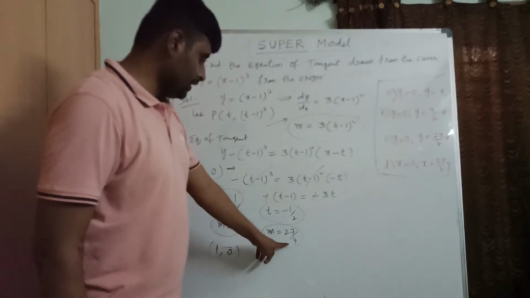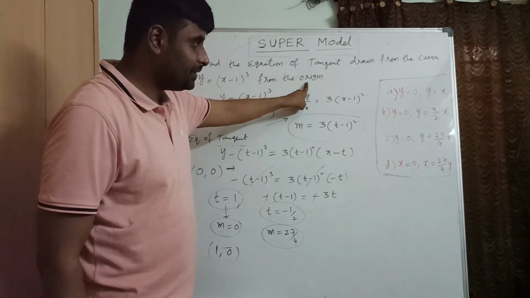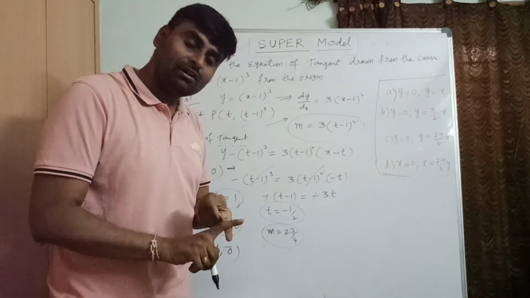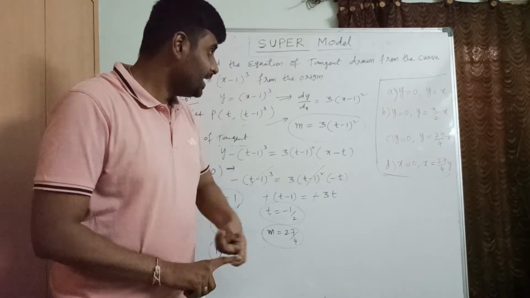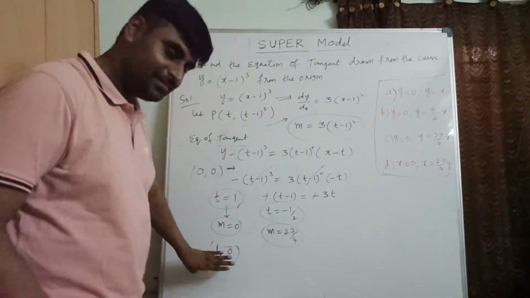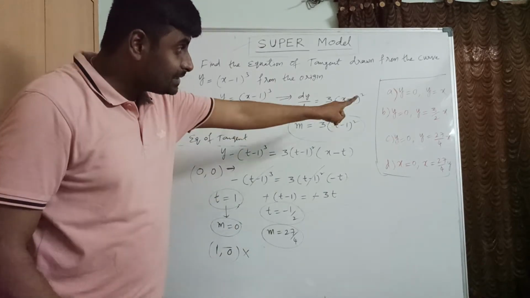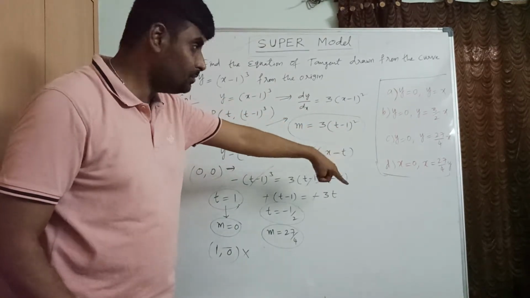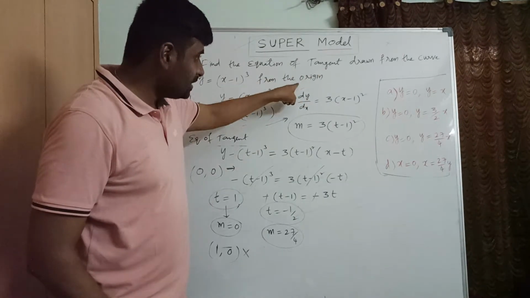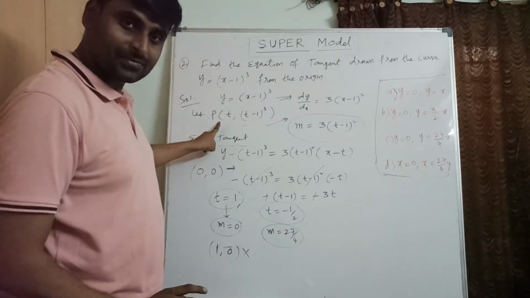Now m equals 27 by 4. Anyway, the tangent is passing through the origin, given, clear, right? So whenever a tangent passes through the origin, it will be in the form y equal to mx. Everywhere you are given y equal to mx. So we don't need to find the point of contact, because the tangents are given with respect to the origin, not that point P. Correct?